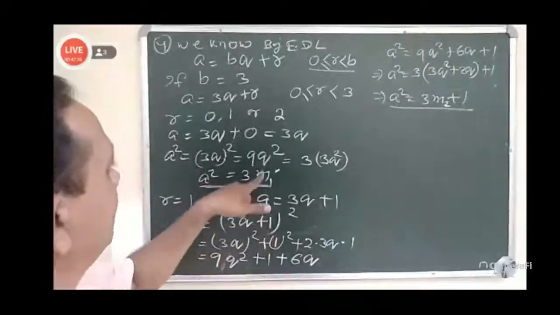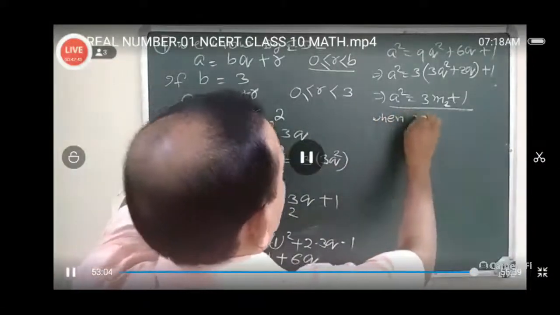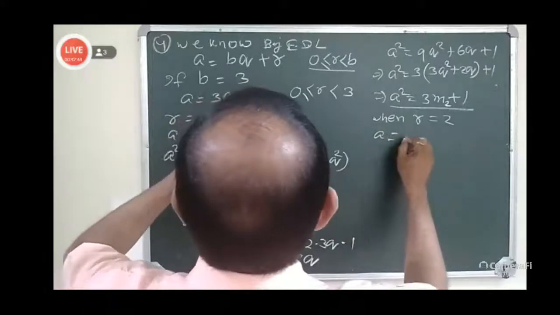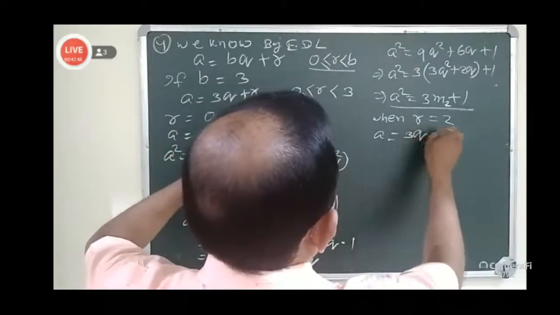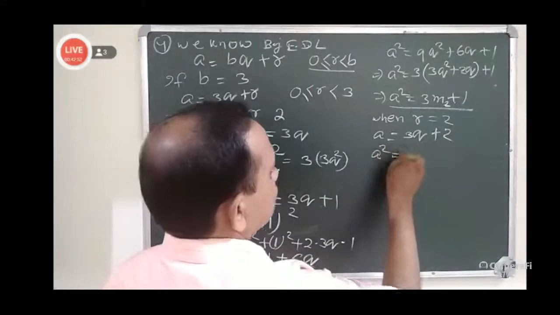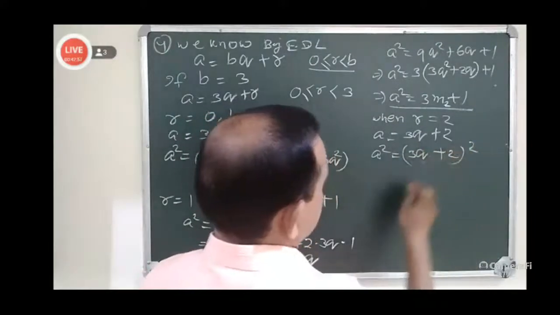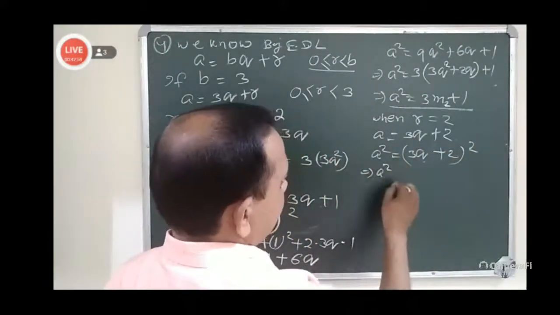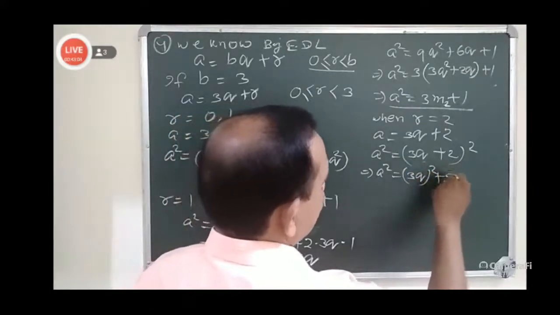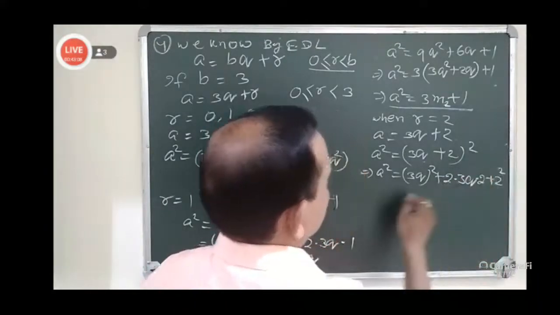And the third case is when r equals 2. Then a will be 3q plus 2. So a squared equals (3q plus 2) whole squared, which equals (3q) squared plus 2 into 3q into 2 plus 2 squared.